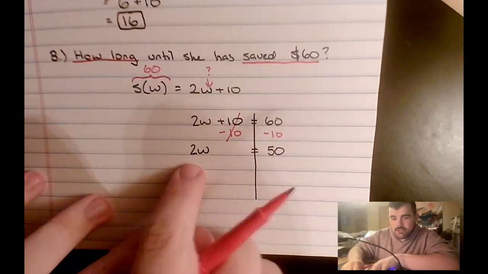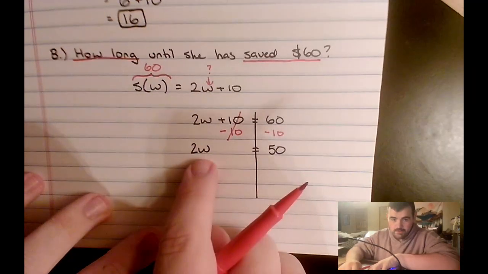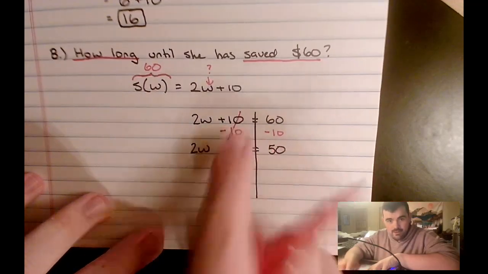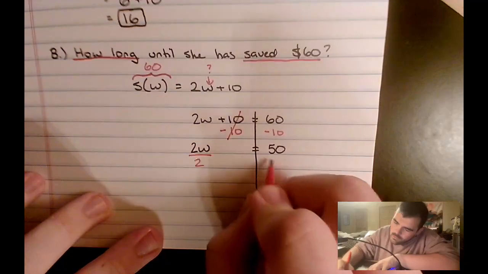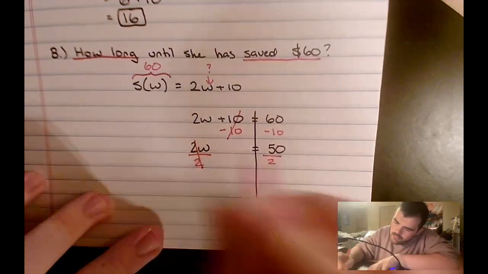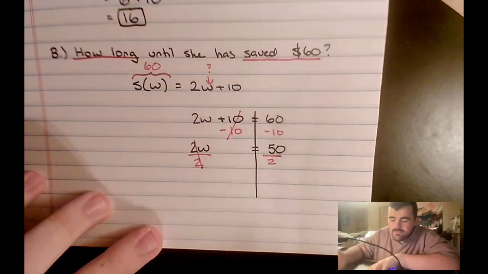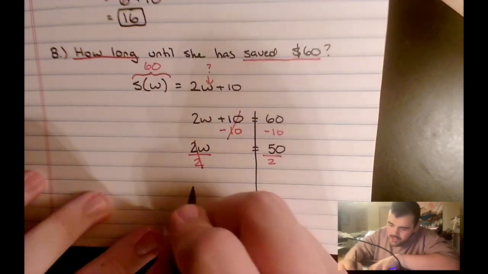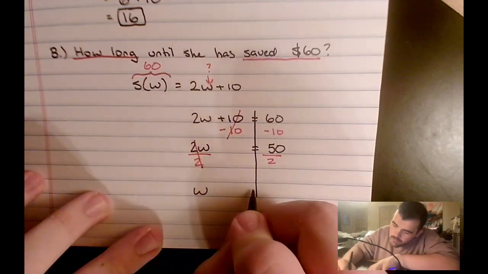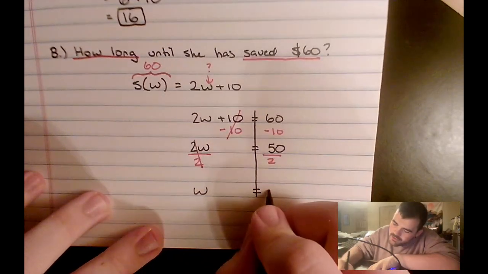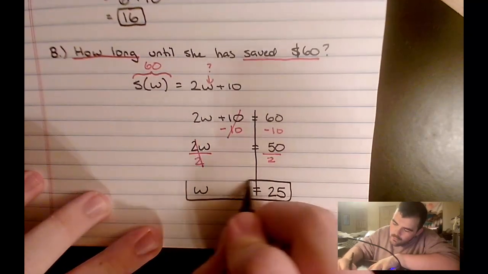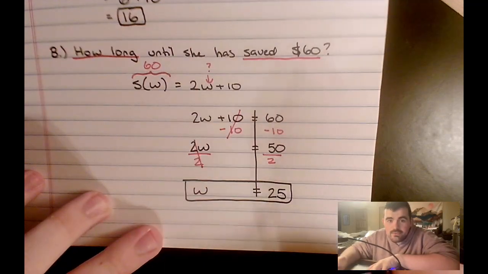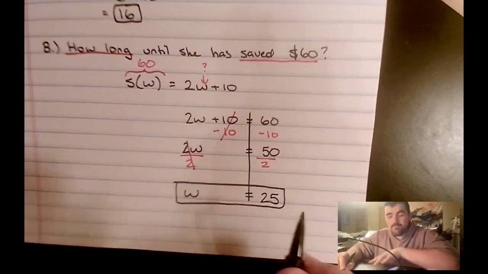So that's where I'm getting the 2w equals 50 from. $2 per week, I need 50 more dollars because I've already got the 10 taken care of. Now, divide by 2. 2 times w divided by 2, they just undo each other and leave the w. 50 divided by 2, boom, that's 25. The answer is w equals 25, so 25 weeks.